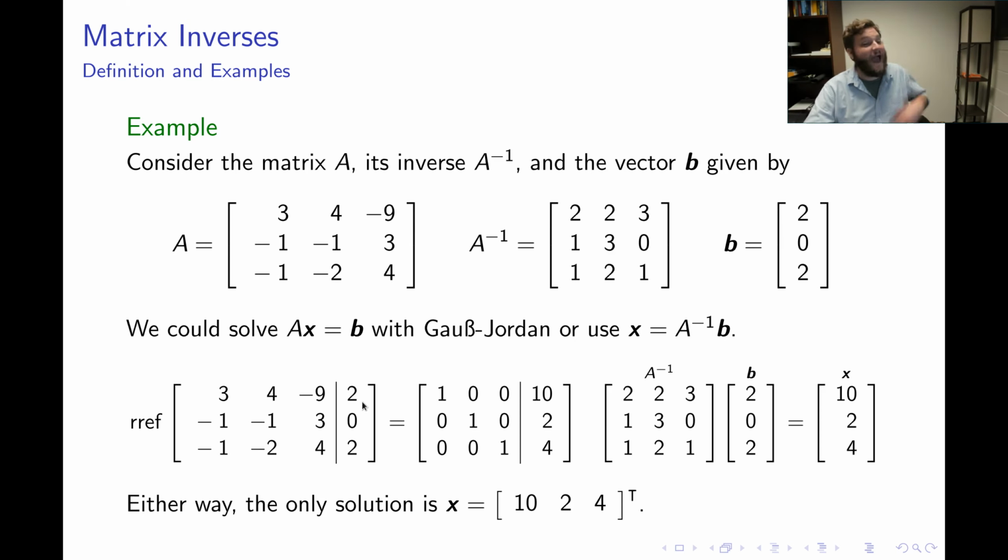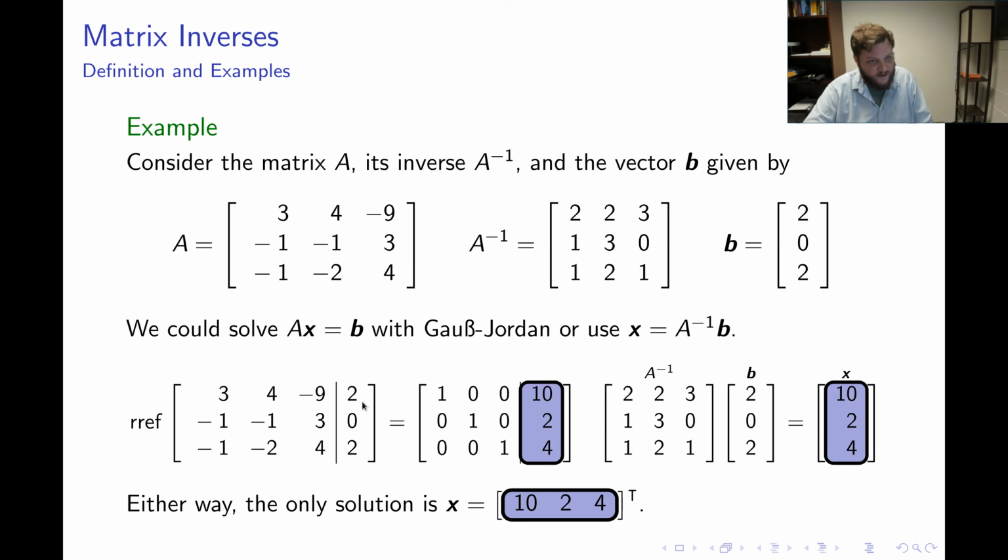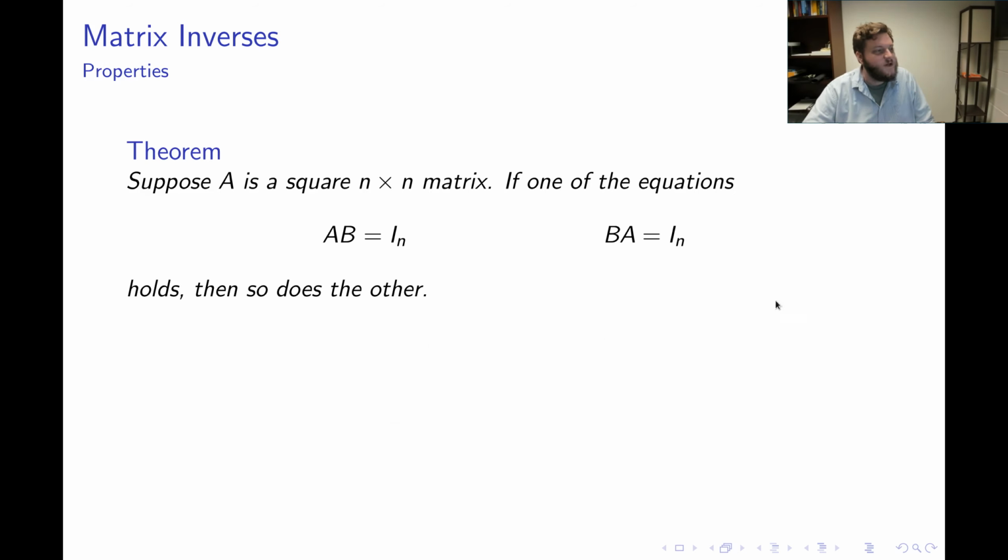So if you have the inverse, you should consider yourself lucky because this makes solving systems of equations much faster. So again, at the end of the day here, there's one solution to this system, and it's given by the vector 10, 2, 4. Okay, so hopefully I've convinced you that having inverses is a useful thing.